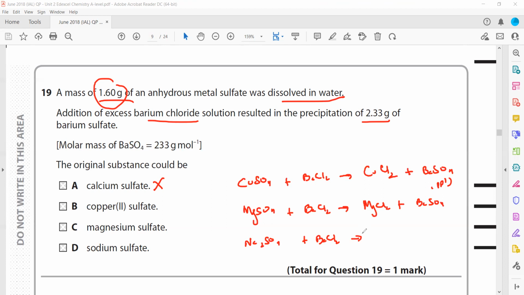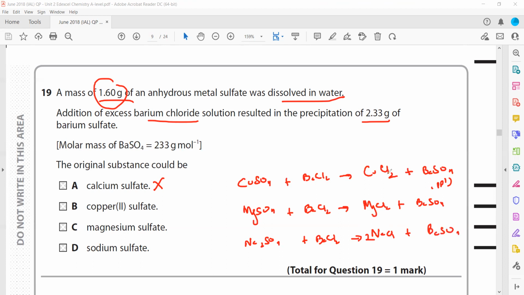And sodium sulfate will produce 2 moles of sodium chloride plus barium sulfate, BaSO4.